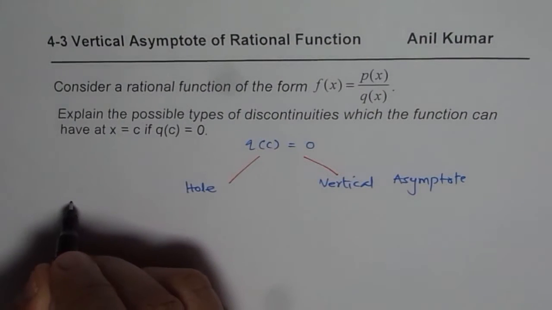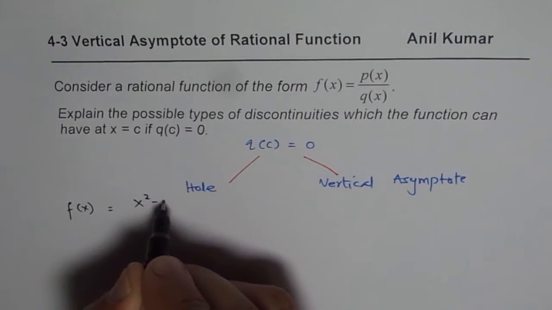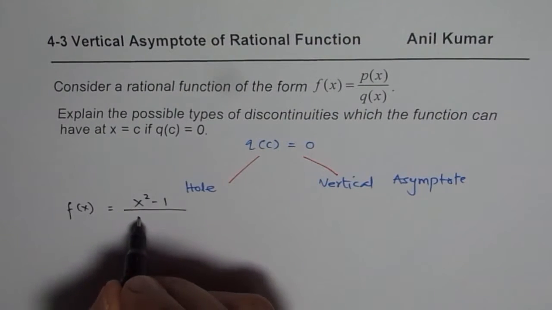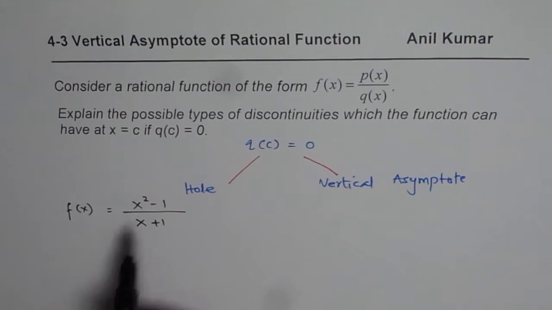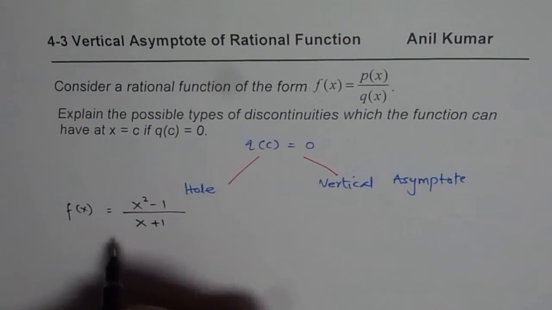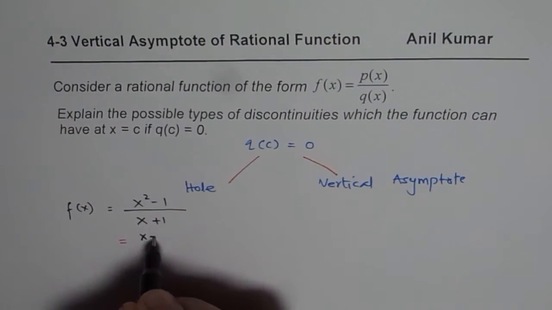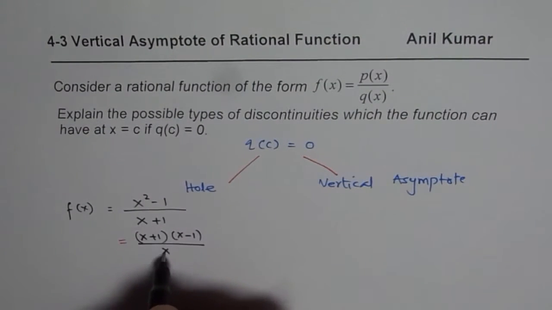If I have a function, let us say, x squared minus 1 in the numerator, the numerator will be 0 for x plus 1 and x minus 1. And if I have the denominator as x plus 1, what do we expect? In that case, we do have a common factor in numerator and denominator. So we could write this as two factors in the numerator, x plus 1 and x minus 1, divided by x plus 1.